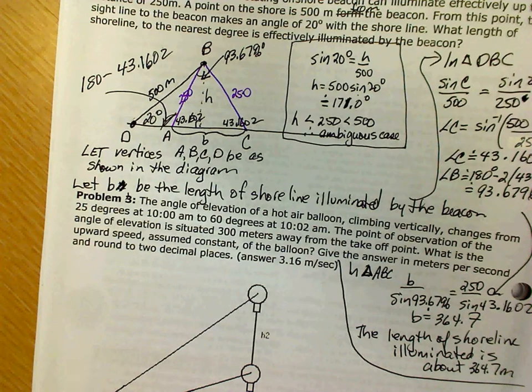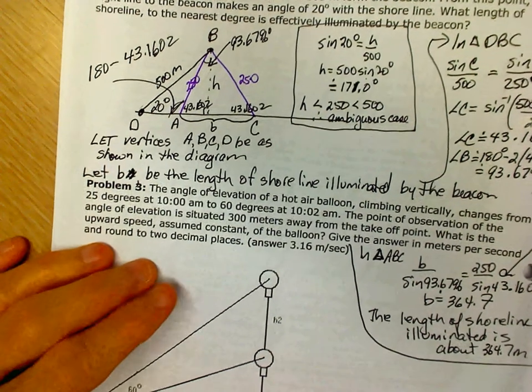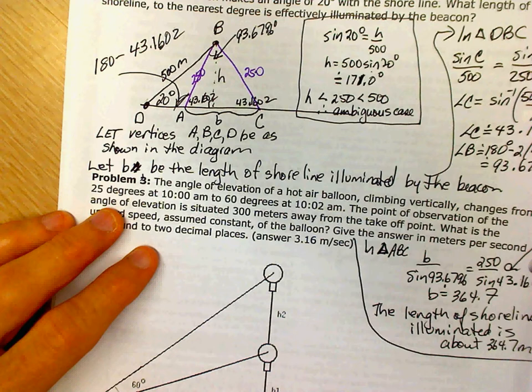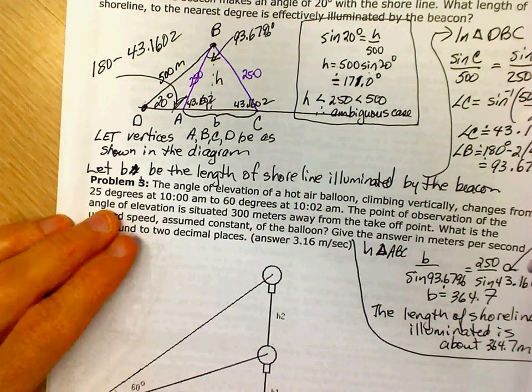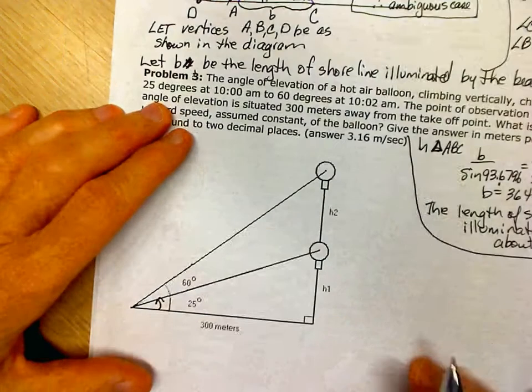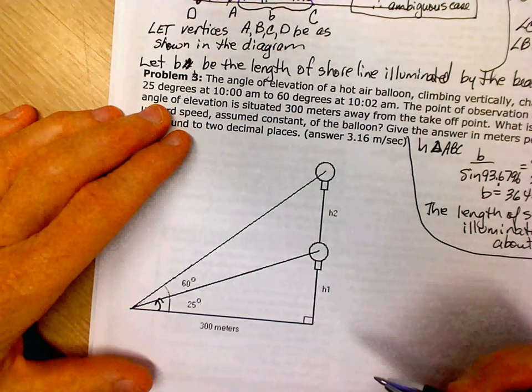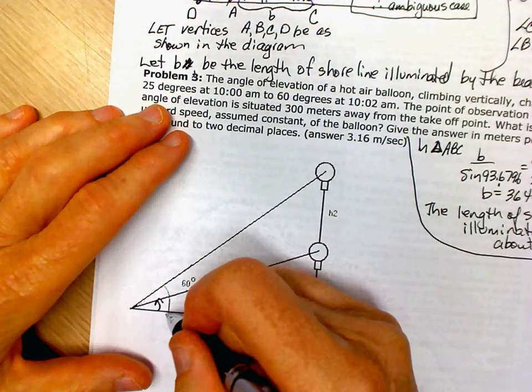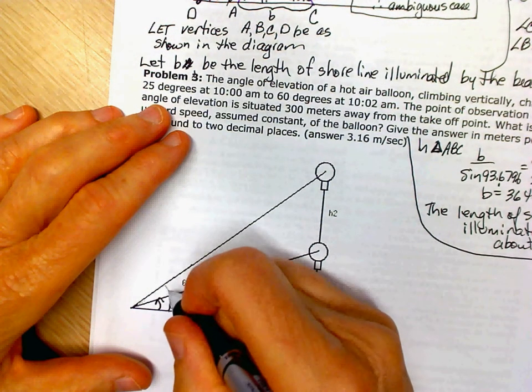All right. The angle of elevation of a hot air balloon climbing vertically changes from 25 degrees at 10 a.m. to 60 degrees 2 minutes later at 10:02.